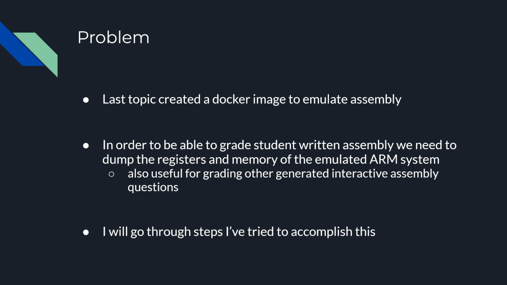Students would have to write that code using assembly instructions, and then they would want to store it in register 3, but we have to get that register 3 and check it. So I'll go through steps that I've tried to figure out how to do this.